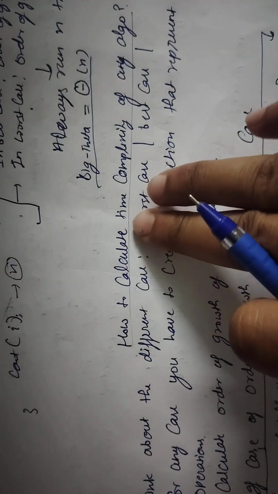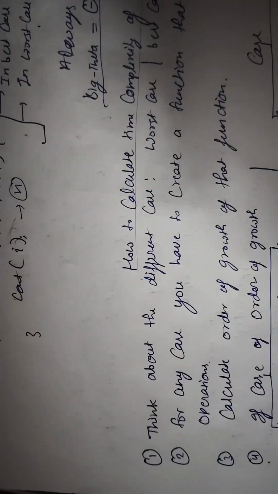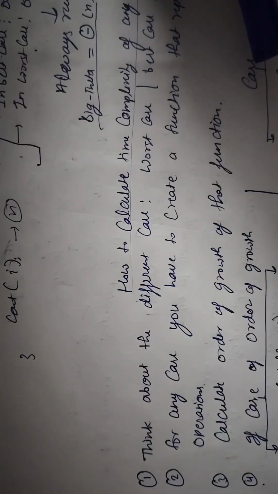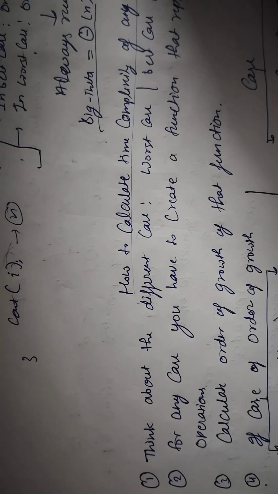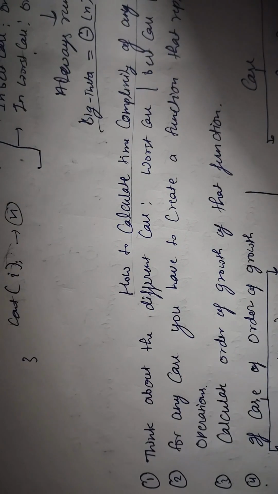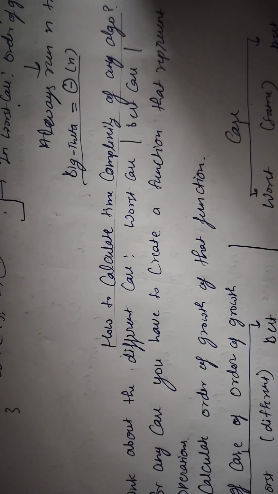Now, how to calculate the time complexity of any algorithm. Suppose you are given a program. You have to think about different cases for that program. You have to think of the worst case and the best case of that program. After that, for the worst case or best case, you have to create a function that represents the number of operations.